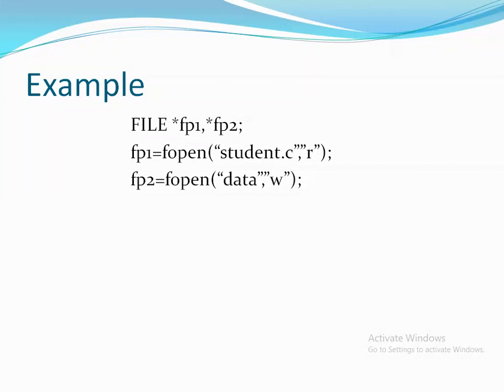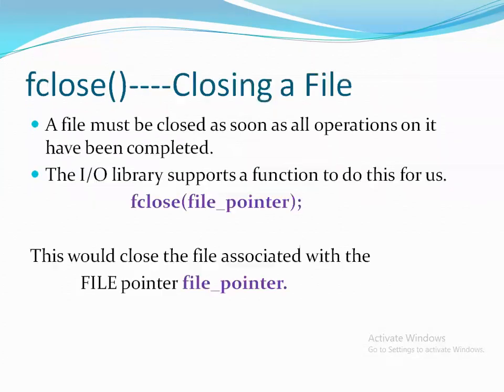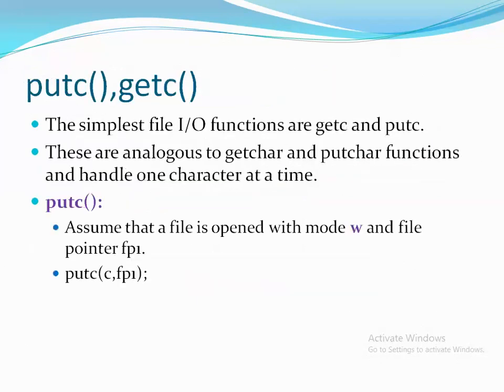If you close fp2, that directly closes the data file. So with the fclose function, the link between the file and the current program is cleared and becomes distinct. In that way, we can use fclose.